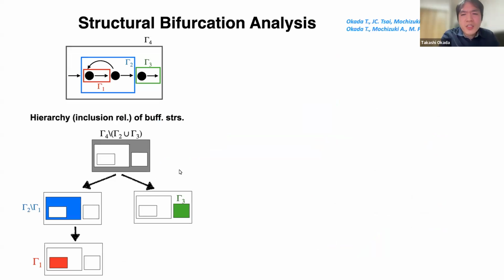And these results can be extended to a network with multiple buffering structures. I'd like to explain the general procedure of our method in this slide. So for a given network, we first enumerate all buffering structures. And then we construct a hierarchy or inclusion relation of these buffering structures.